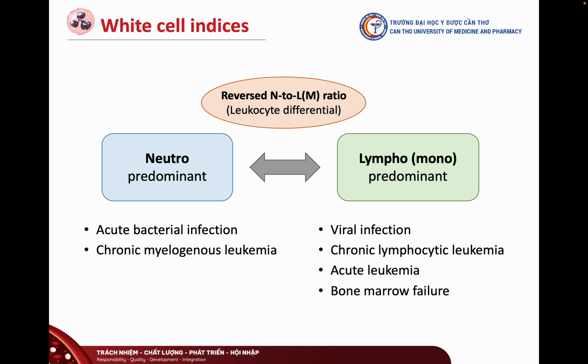Here, neutrophils are reduced, which makes lymphocytes appear relatively predominant. So the ratio reverses, not because the lymphocytes rise, but because of neutrophil fall. And one more important point: in acute leukemia, you may also see a reverse ratio, but the reason is very different. That's something we'll explore in the next slide.